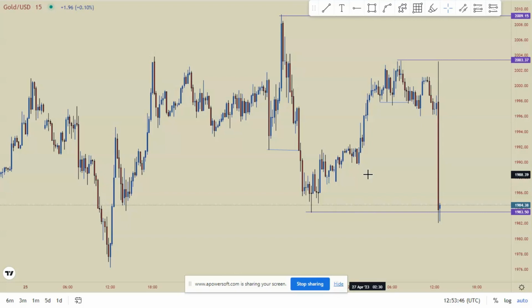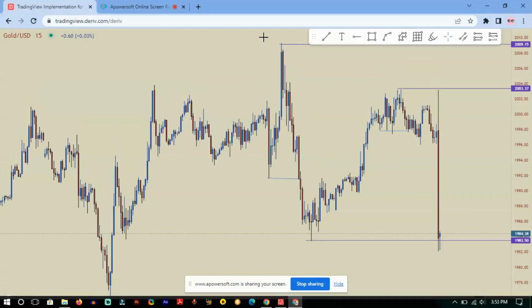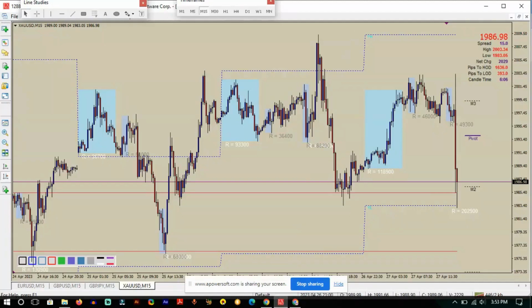Now for the Asian session, personally, I really like to determine yesterday's highs and lows. Whenever the Asian session is going on, I look at it properly and I study it. How is it relating to yesterday's high or low?